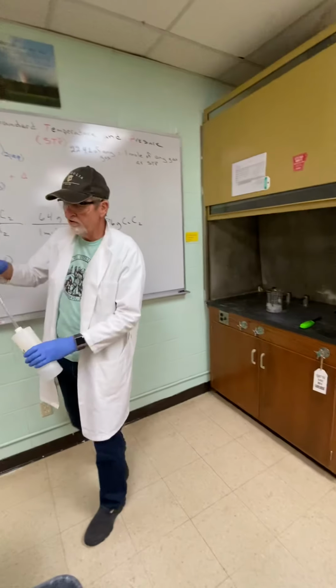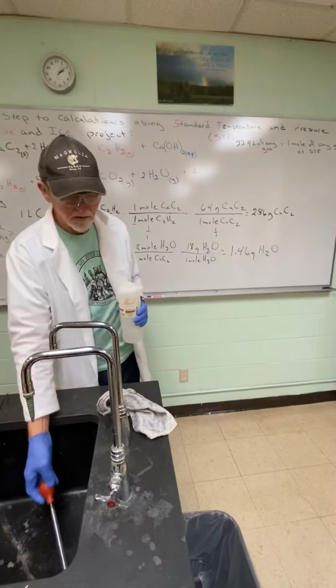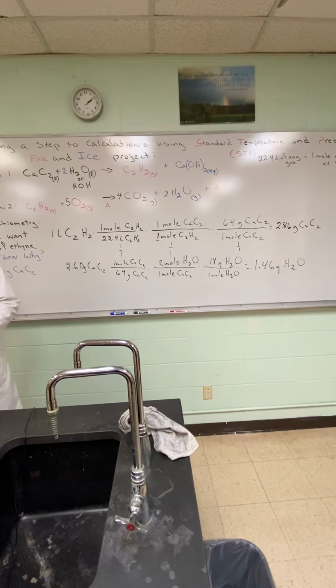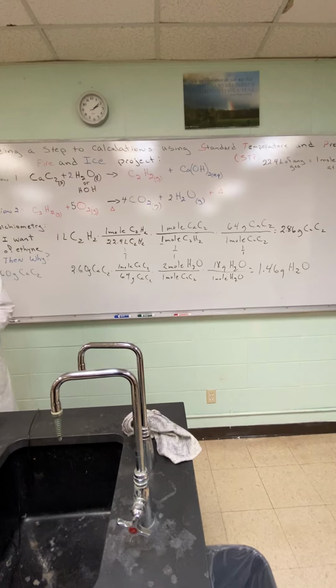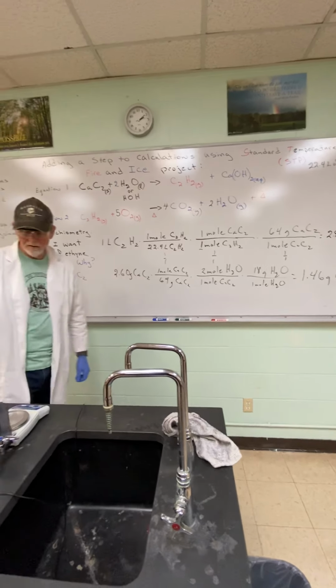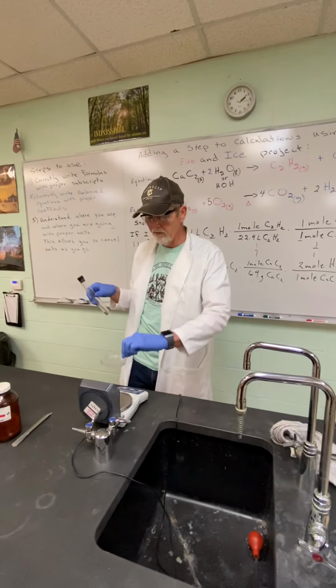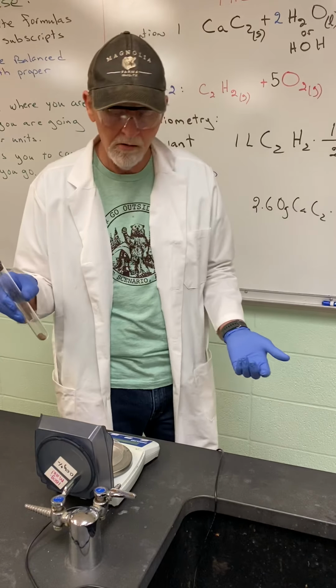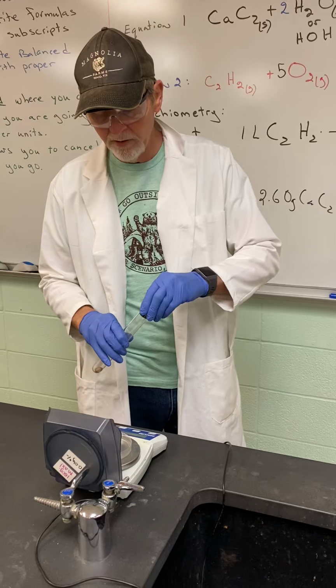As you can see, there's no color change there. The color change will only take place after the reaction ensues. I've already got the container that I'm going to put the calcium carbide in, and I've re-zeroed it.